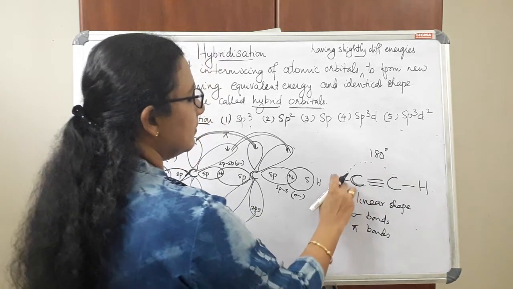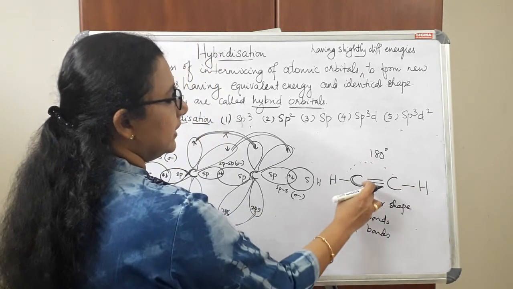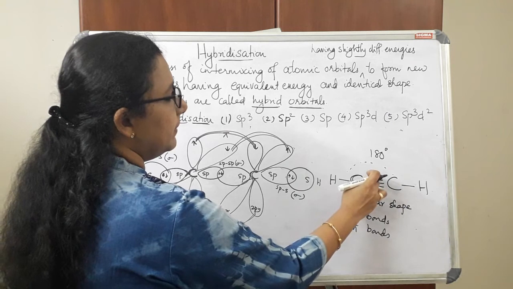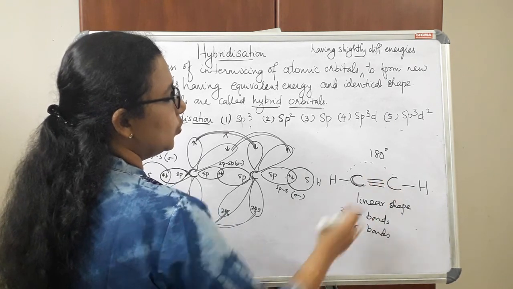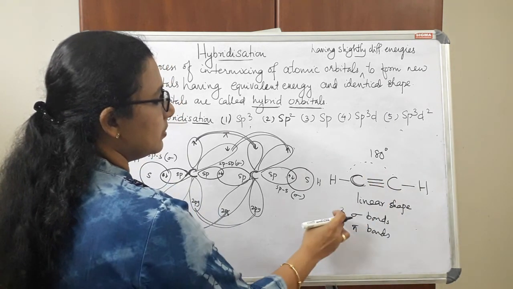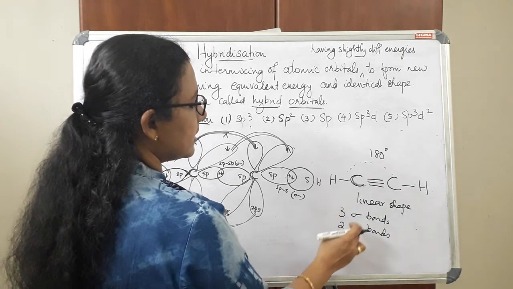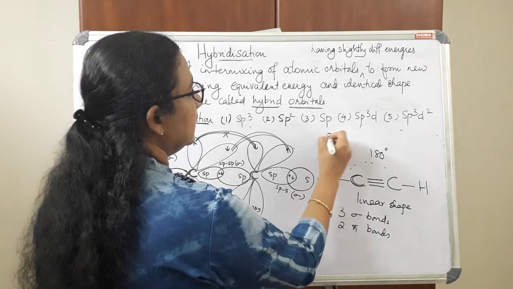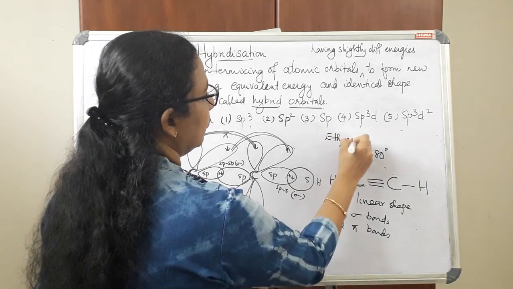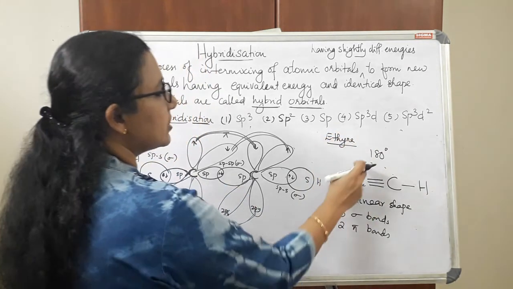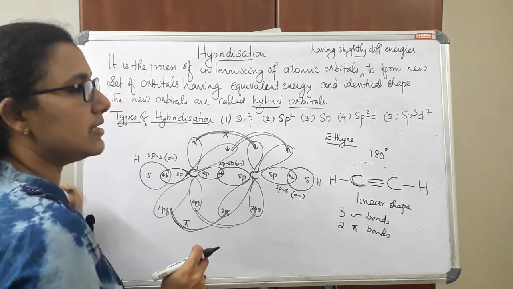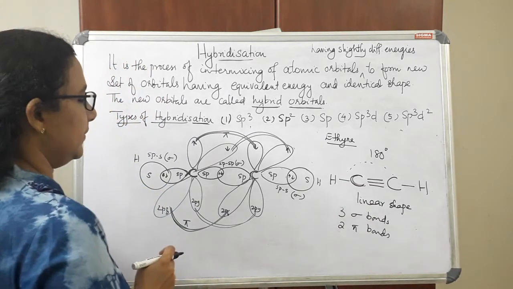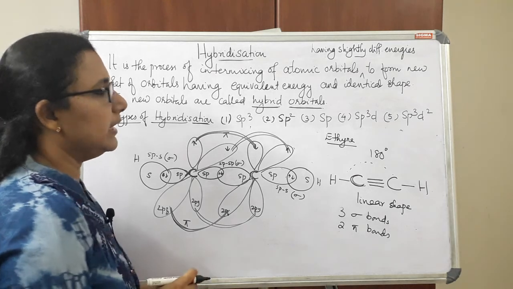We know that a single bond is a sigma bond, and if there is a triple bond, one will be a sigma bond and the other two bonds will be pi bonds. So a total of 3 sigma bonds and 2 pi bonds are there in the case of the ethyne molecule. So it is having a linear shape and the bond angle is 180 degrees. So this is about sp hybridization.